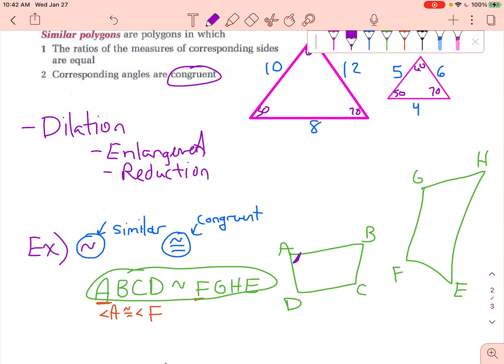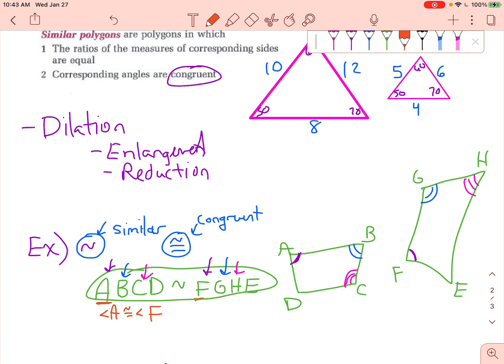So this tells me that angle A, because it's first in line, is congruent to angle F. It also tells me, because they're in order, that angle B is congruent to angle G. So you can see how this shape was kind of flipped around. Of course, my drawing is not the best. It tells you that angle C belongs with angle H. And lastly, angle D belongs with angle E. All of those angles are congruent to each other.